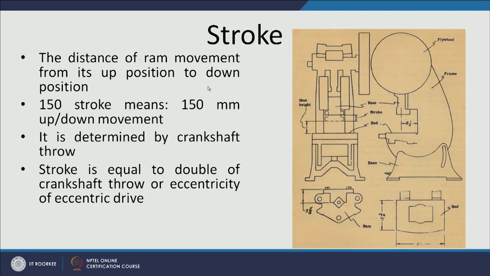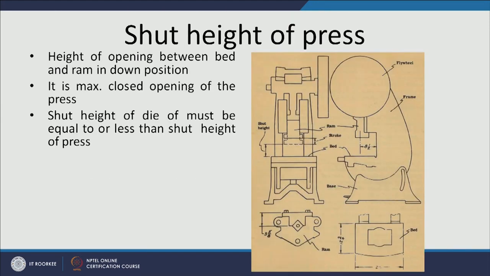Stroke, as I have said, is the distance travelled by the ram from its top position to the down position. A 150 mm stroke means 150 mm movement in either up or down movement, and it is determined by the crankshaft.